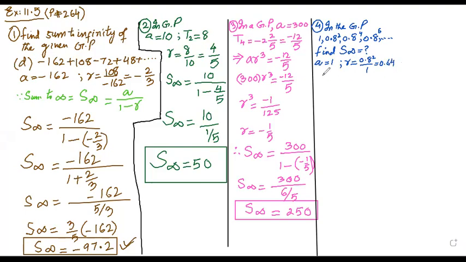So now finding the sum to infinity using the formula, S infinity equal to A upon 1 minus R. A is 1 and 1 minus 0.64. So this will become 1 upon 1 minus 0.64, which is equal to 0.36.